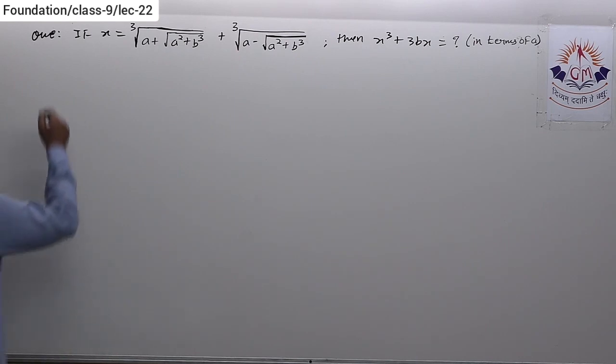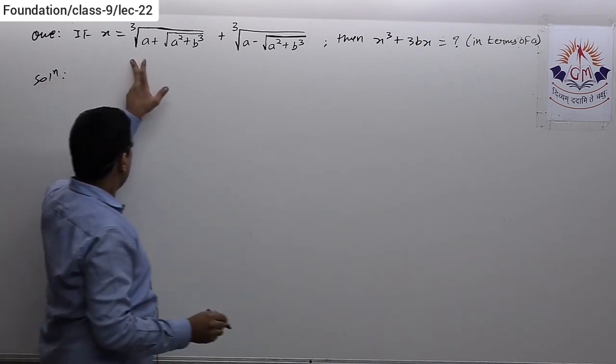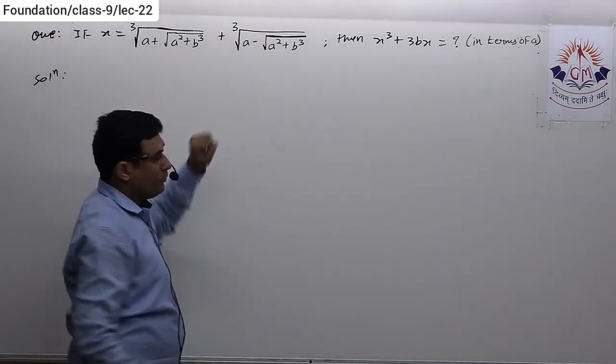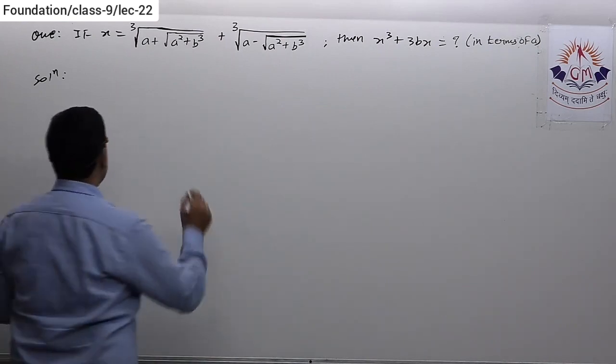Okay, let us see how to start this. See, very first thing that should come in your mind, these two are the cube roots. So to eliminate those cube roots, we have to start by cubing both sides.